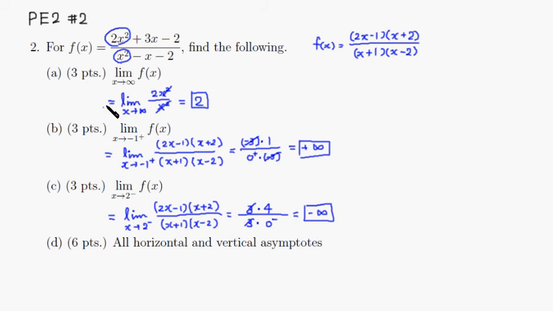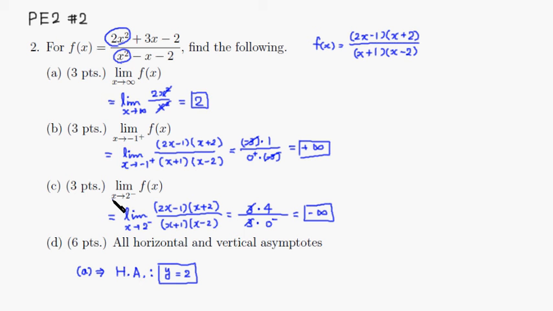Using parts A through C, we can find the horizontal and the vertical asymptotes. Part A indicates that the limit at infinity is 2, which means the horizontal asymptote is y equals 2. Parts B and C indicate that as x approaches -1, it blows up from the positive side, so you have positive infinity there.